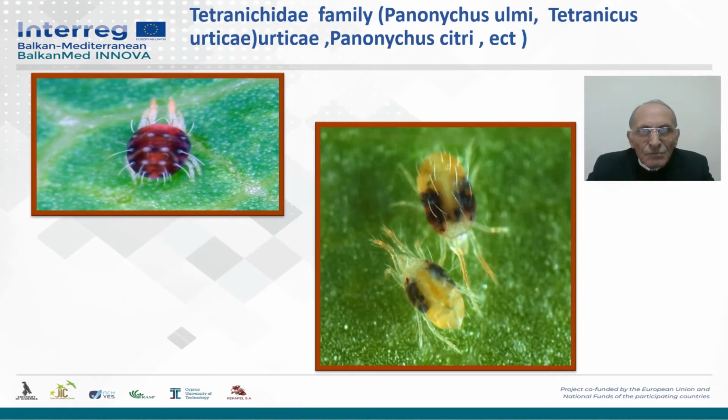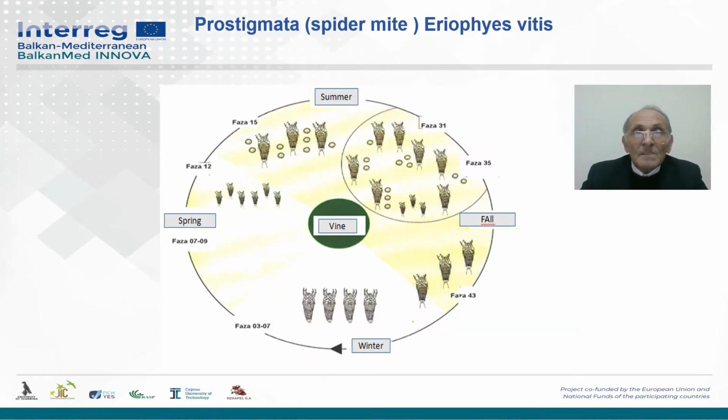Here we have two main examples of spider mite. This is Panonychus ulmi in fruit trees. This is Tetranychus urticae in vegetables. We have here the spider mite, but with another picture, another view. This is Eriophyes vitis. This is another family of mites. These mites are very small.